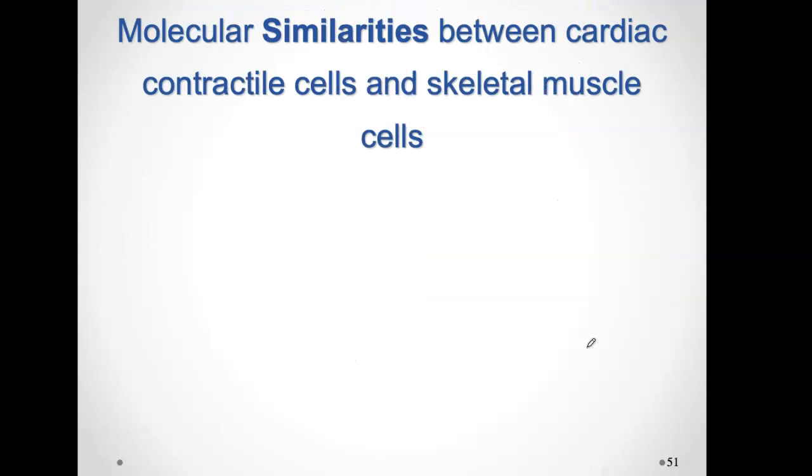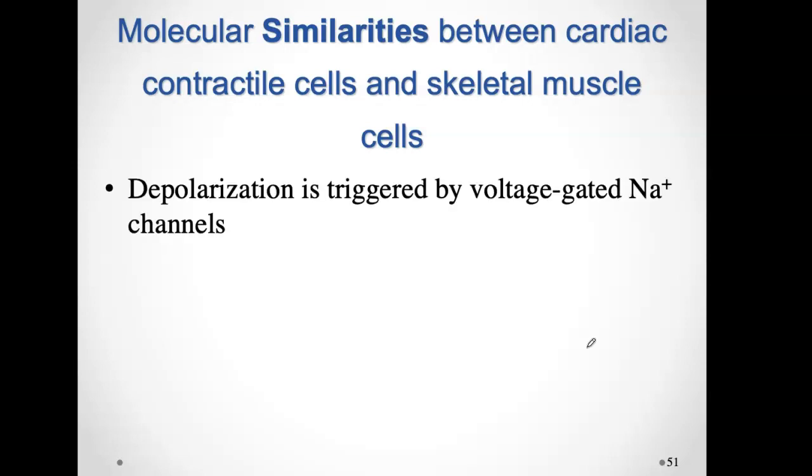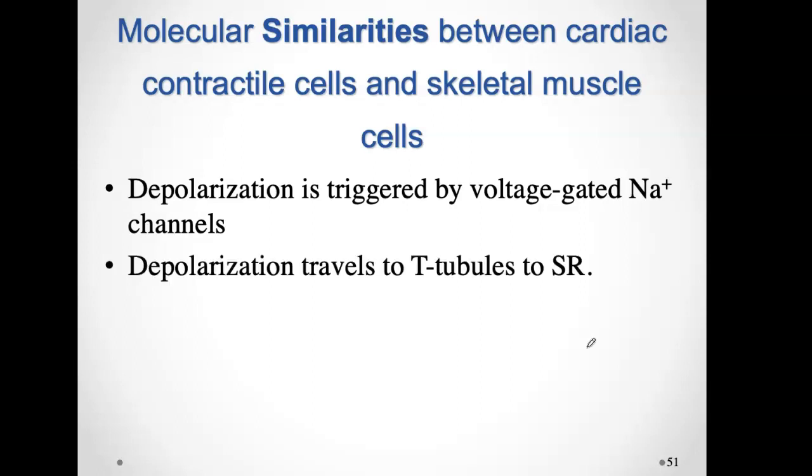Okay, let's look at molecular similarities between cardiac contractile cells and skeletal muscle cells. As a review, here are some of the things that were similar. Depolarization is triggered by voltage-gated sodium channels. A sodium channel is going to open, and you're going to have an action potential along the surface of that muscle cell. No different. You're going to have that action potential traveling down to a T-tubule. No different. It's going to arrive at the sarcoplasmic reticulum.